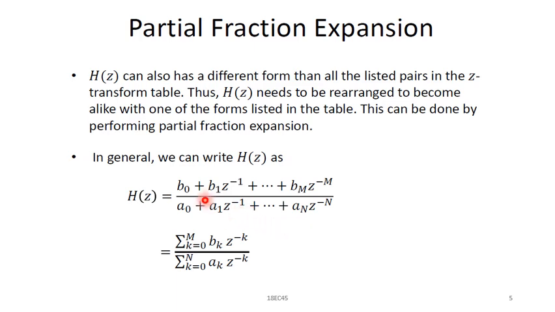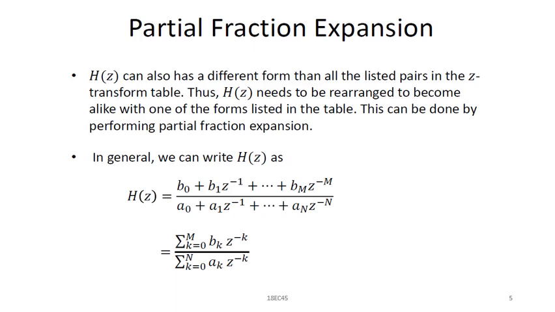b0 plus b1 z inverse plus so on, plus bm z to the power minus m divided by a0 plus a1 z inverse plus so on, an z to the power minus n.